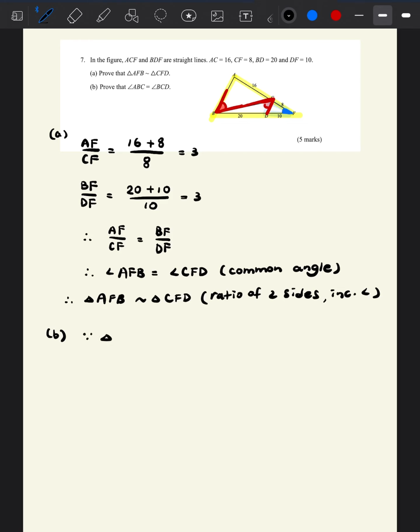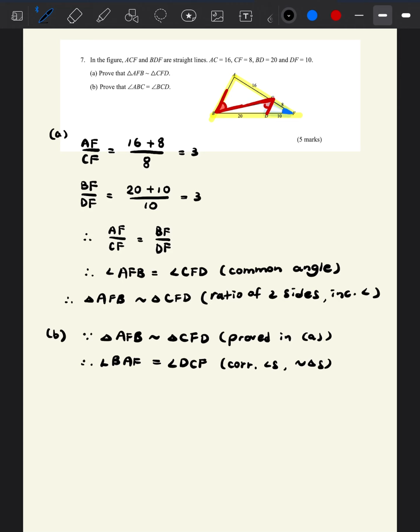So let's look at it. In part A, you proved that triangle AFB is similar to triangle CFD. Then you can say angle BAF equals angle DCF because of corresponding angles, similar triangles.